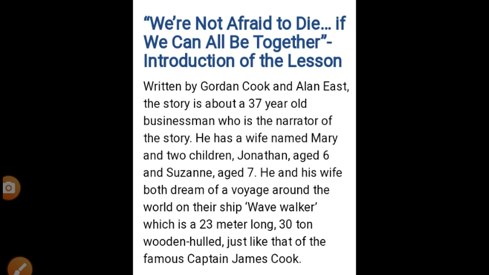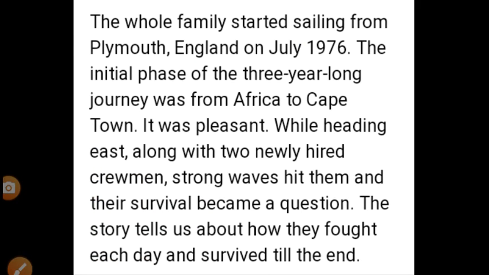He and his wife both dream of a voyage around the world on their ship, Wave Walker, which is a 23-meter long, 30-ton wooden hull, just like that of the famous captain James Cook. The whole family started sailing from Plymouth, England in July 1976.